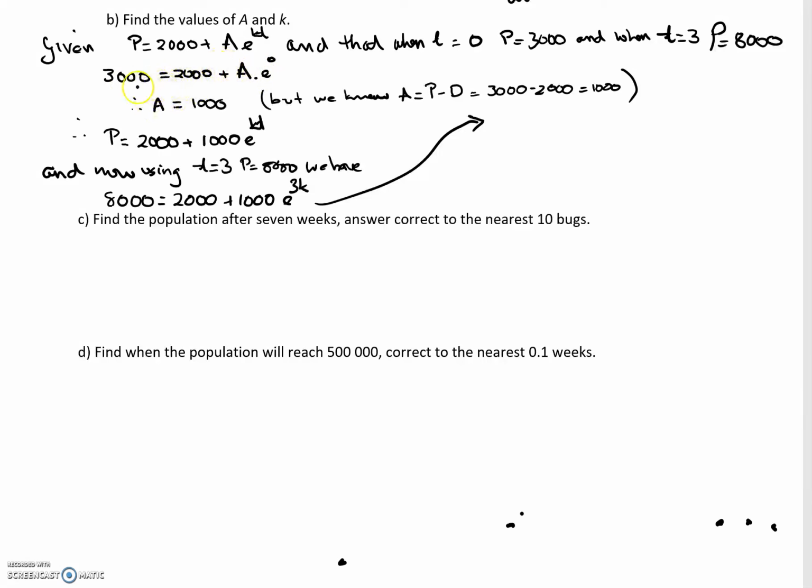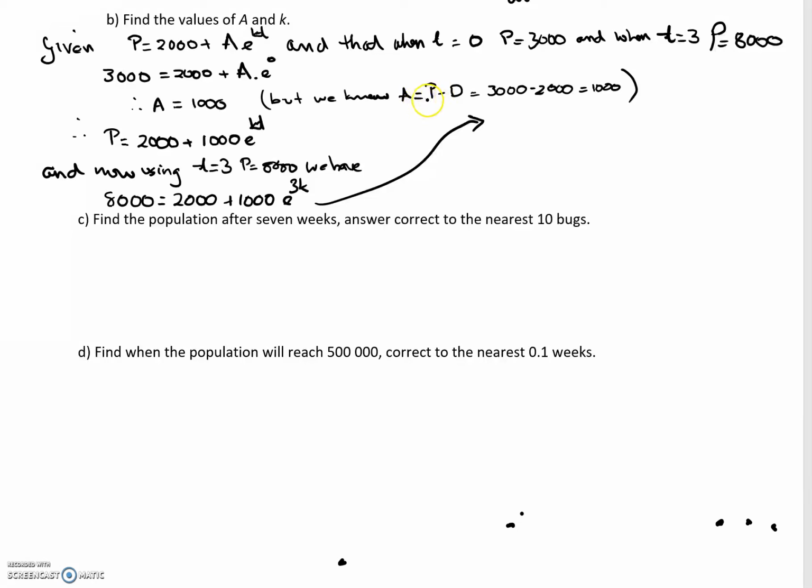However, if you do just put your values in, 3,000 equals 2,000 plus A times 0, then subtract the 2,000, and that goes to A. So you'll get A is equal to 1,000. But those of you who have learnt this, A in this format is equal to P minus D at time is 0.